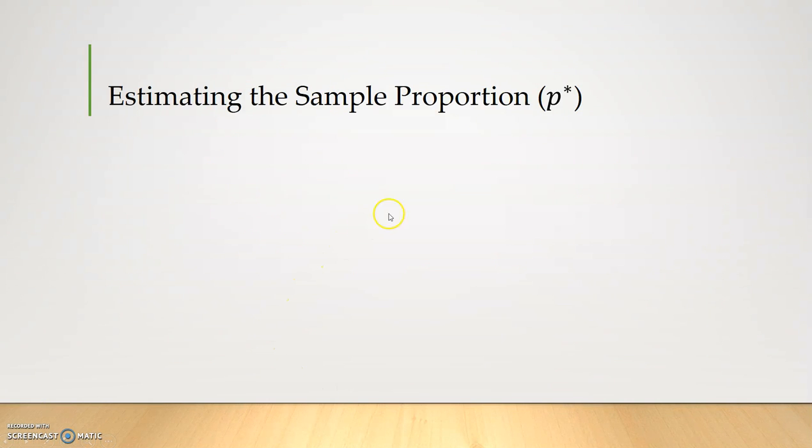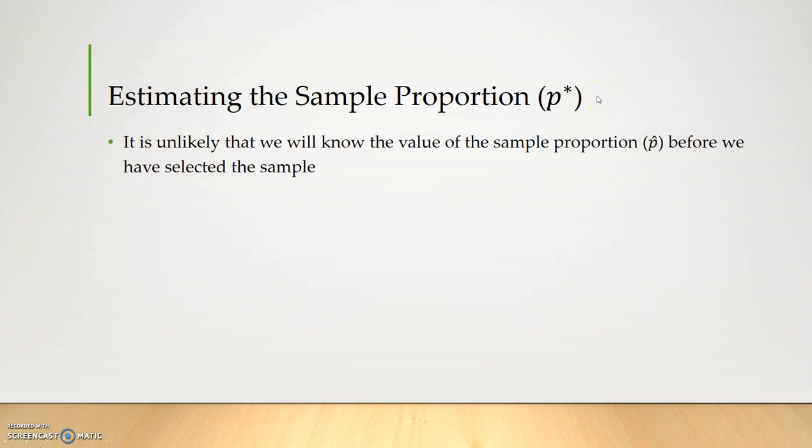Estimating the sample proportion, which we're going to call P asterisk. It's unlikely that we'll know the value of the sample proportion, P hat, before we actually have selected our sample and collected data from it.